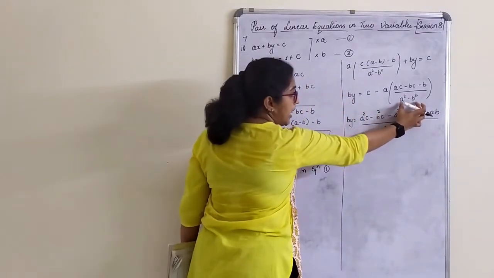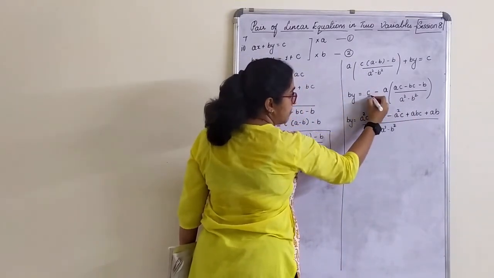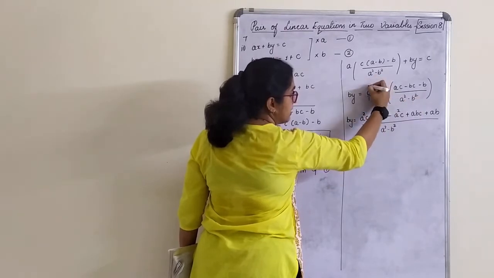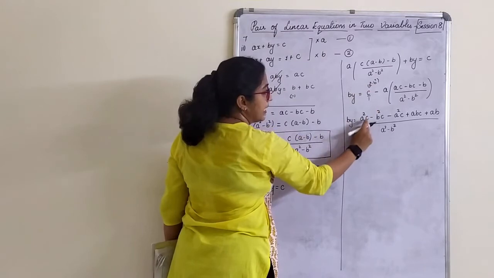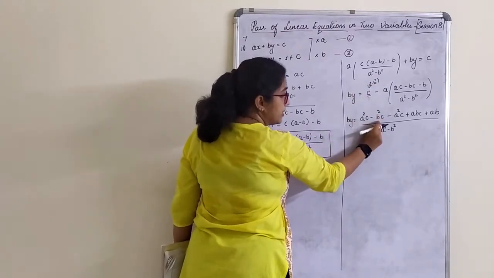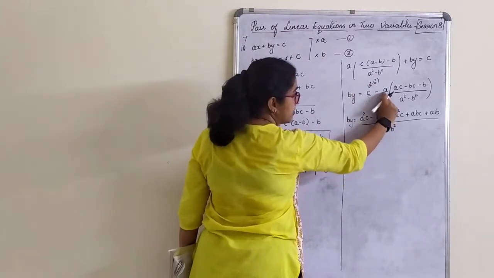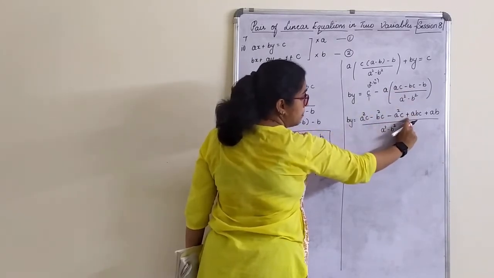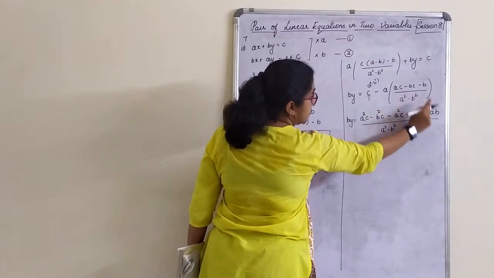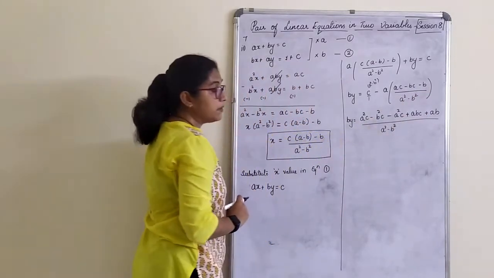I repeat, I have taken LCM, that means this is nothing but by over 1. This has to be multiplied by a square minus b square. That is what I have done. a square c minus b square c. Minus sign as it is. a into ac, a square c. Minus into minus plus abc. Minus into minus plus ab.